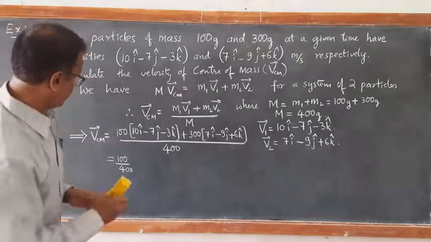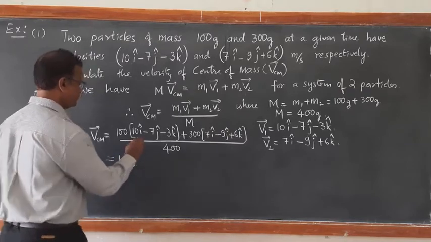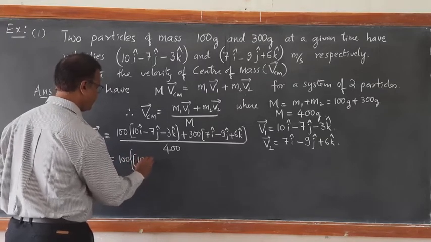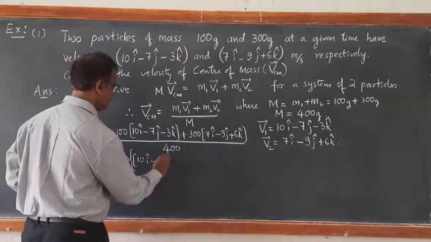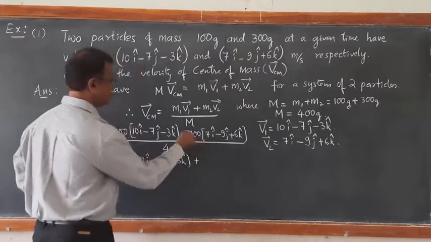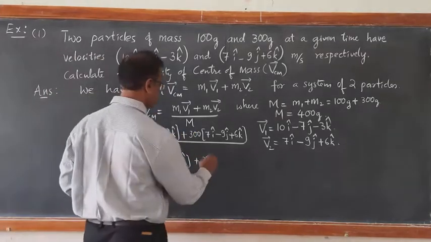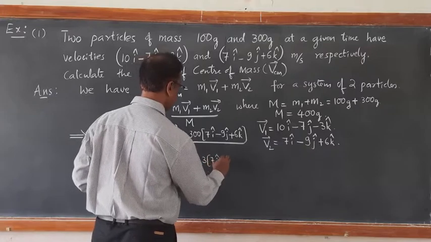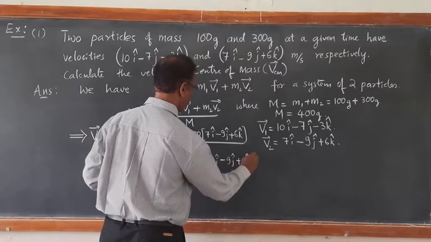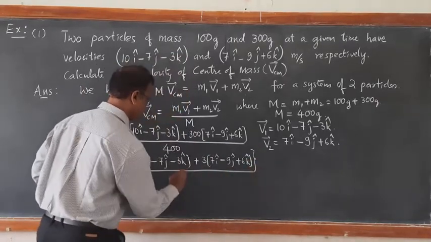You are left with 10 i cap minus 7 j cap minus 3 k cap plus, out of the 300 you will be left with 3, so 3 into (7 i cap minus 9 j cap plus 6 k cap), whole divided by 400.